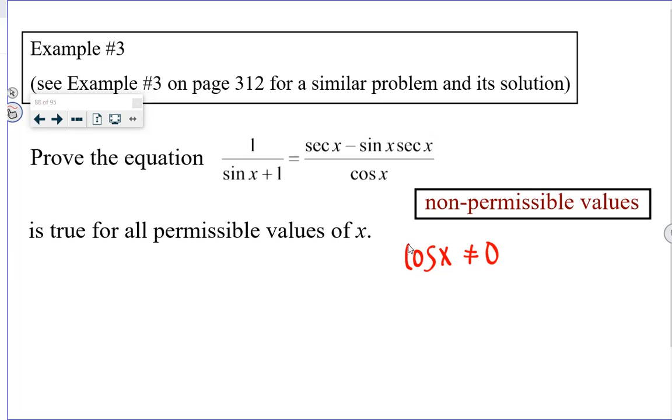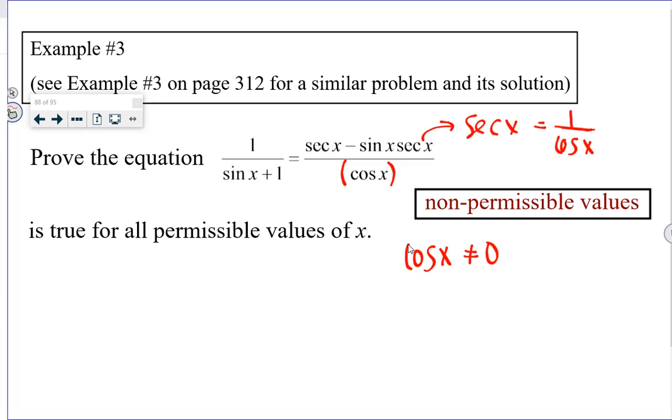And you need to listen very carefully to what I'm about to go through here. Cosine of x is not allowed to be 0 because cosine of x is a denominator. Okay? And what I would do on an exam is say that since that is a denominator, cos is not allowed to be 0. However, there is a secant of x inside of this, which is 1 over cosine of x.